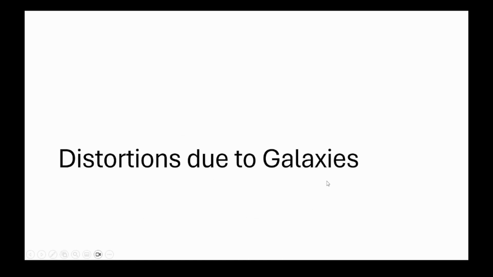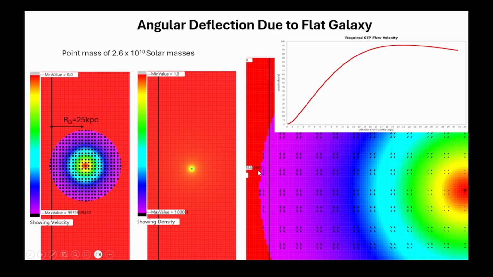Okay, so now let's actually look at the distortions due to galaxies. How I'm modeling this is I'm taking 25 kiloparsecs as the radius of the galaxy, and I'm using the same velocity profile that we used in the last one for the flow of the medium. And this is basically the flow required to overcome the velocity difference between what we're measuring and what we're predicting, right?